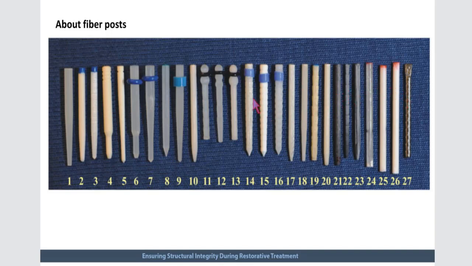I myself prefer glass fiber posts that have some retention, because all my failures in the past were with smooth glass fiber posts. Basically, all the cementation failures happened in the presence of a smooth glass fiber post.